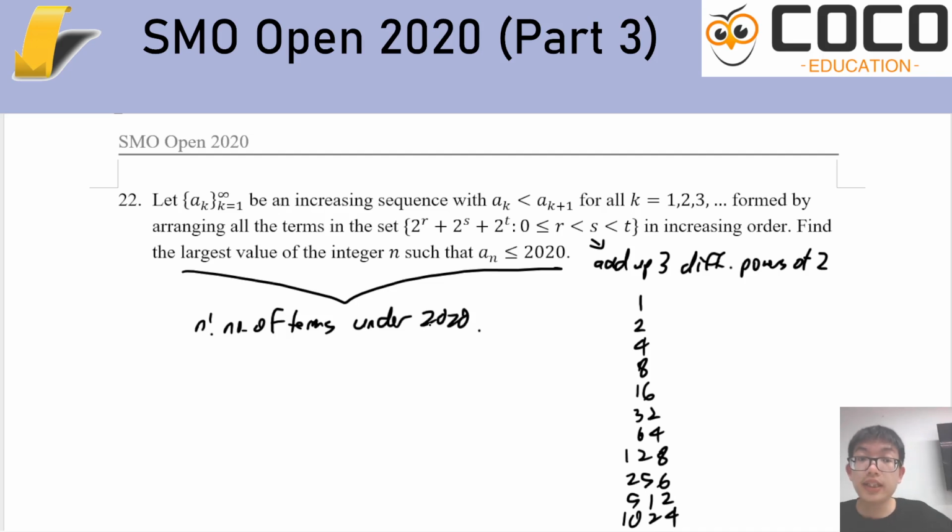Now the interesting thing that I immediately realized is that these are quite small compared to 2020, because 2048 is the next one that just barely exceeds 2020.